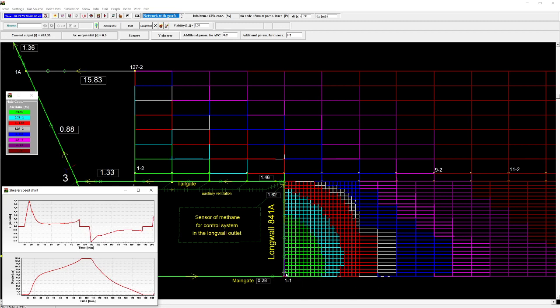Here we can see increasing shearer cutting velocity. We can see how it advances toward the tailgate. We watch the methane concentration. We watch the effect of the controller on the shearer cutting speed.